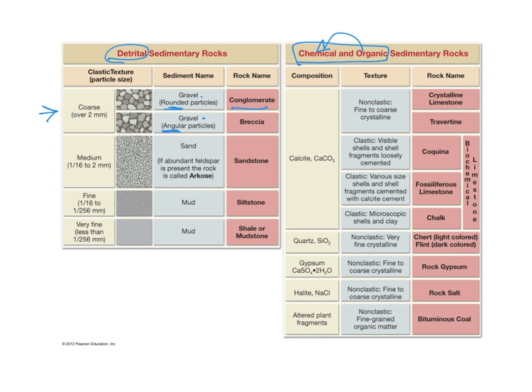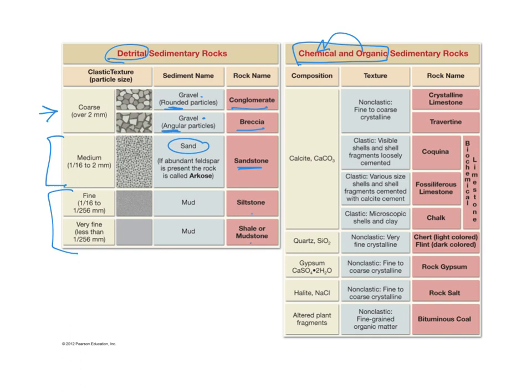Angular particles in gravel size is breccia. Then we have the medium. This was the sand size. So we have sand here. Remember, we have two sandstones, the quartz sandstone and the arkose sandstone. And then we have the fine sizes with the mud, siltstone, shale, or mudstone.